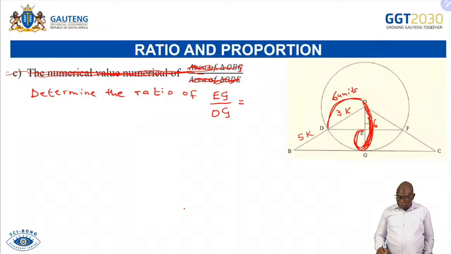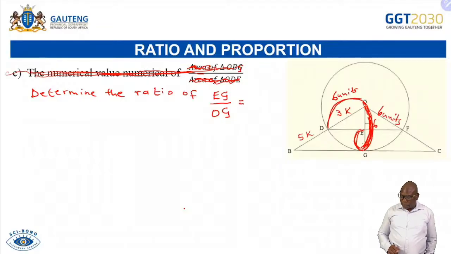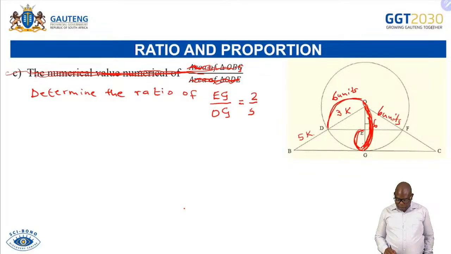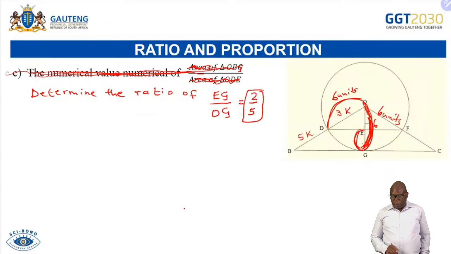So the length of EG over OG will be equal to 2 over 5. That is the length of OG will be that 2 over 5. So it will be 2K over 5K, and the K's will cancel out. Then we'll get 2 over 5.